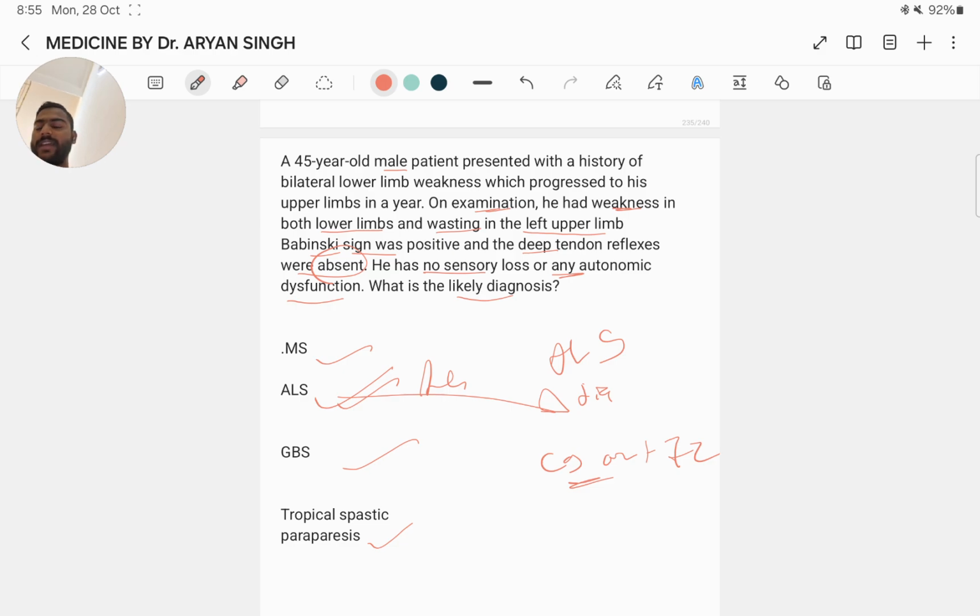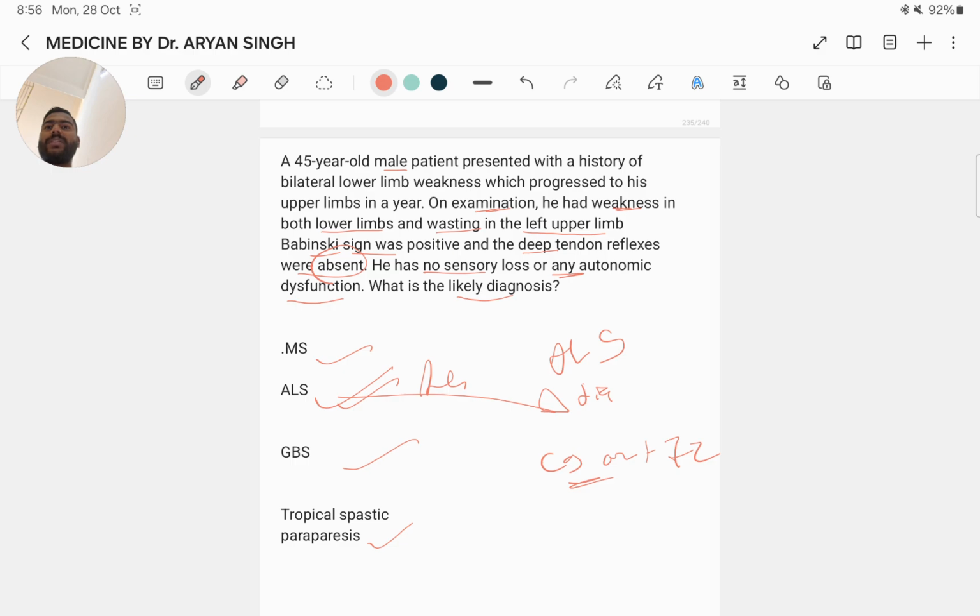The lower motor neuron findings are fasciculation, muscle cramp, asymmetrical distal weakness, atrophy and bulbar palsy. The pathological hallmark of ALS is the death of the lower motor neurons in the anterior horns of the spinal cord and cranial nerves that innervate bulbar muscles, and the upper motor neurons, the corticospinal neurons originating in layer 5 of the motor cortex.